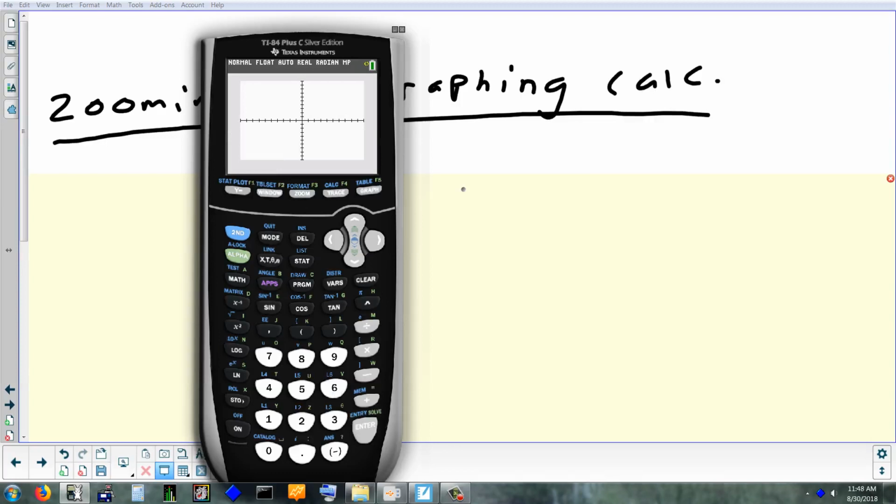And if we look at it, the little yellow circle thing in the upper right-hand that was spinning, that tells you the calculator is doing something. Mine's done now, but I don't see anything. I don't see anything because I purposely gave you a parabola shifted up 12 units. You're only looking as high as 10.